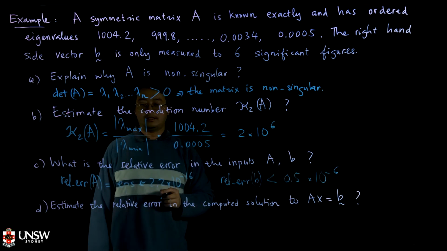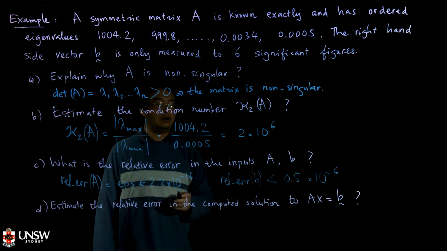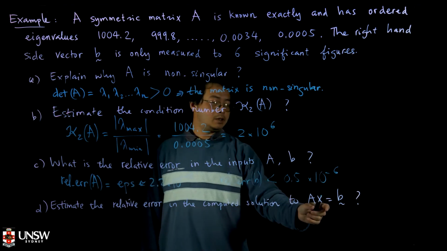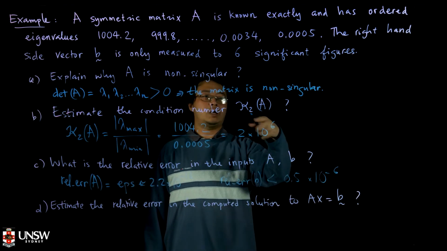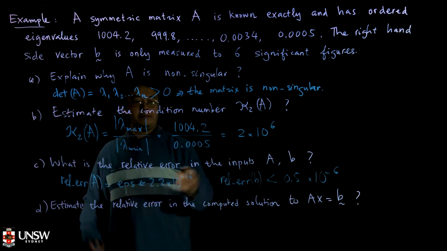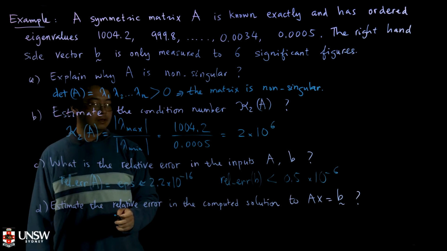So what is the relative error in the solution of the linear system Ax equals B when you try to solve this, say by MATLAB in the floating point system?